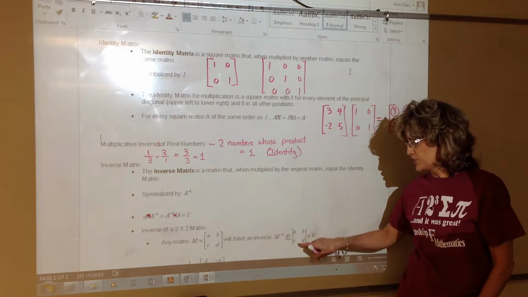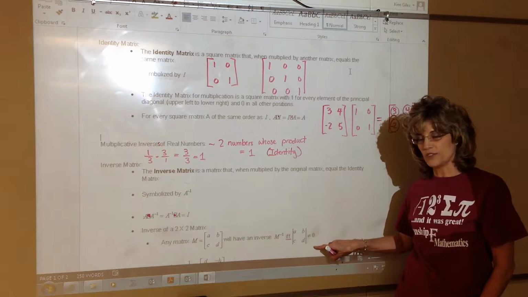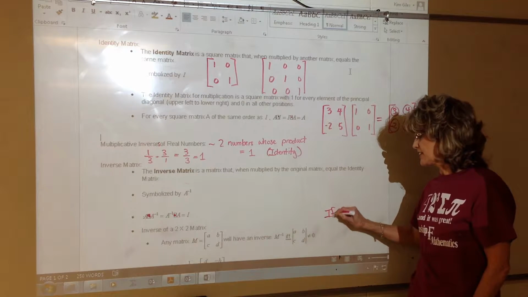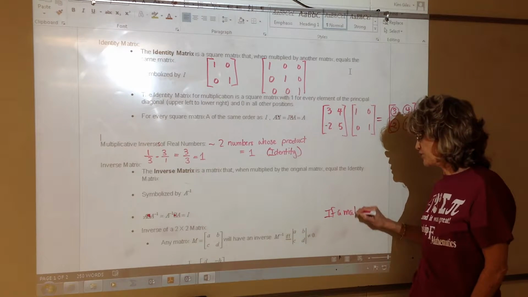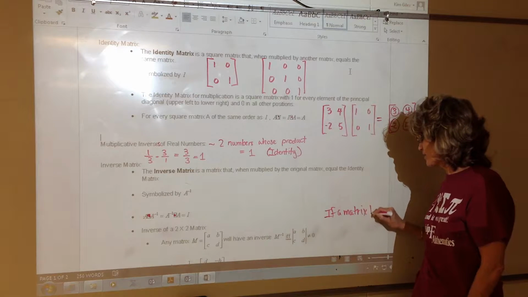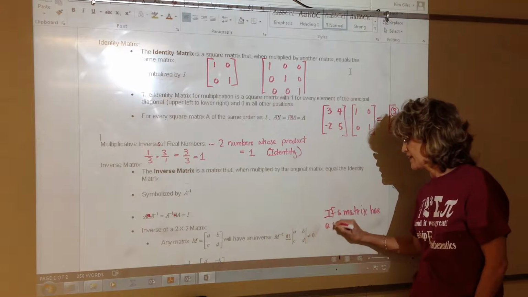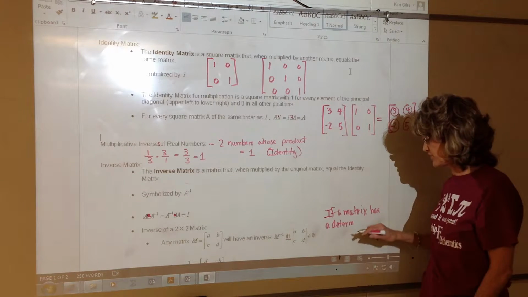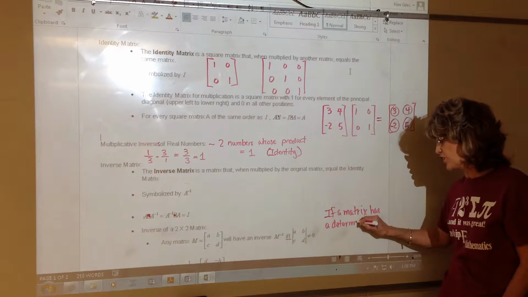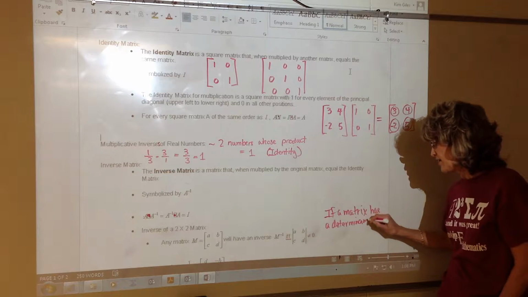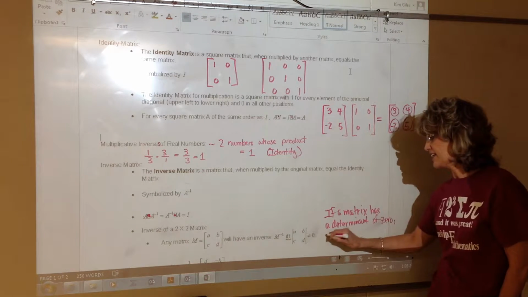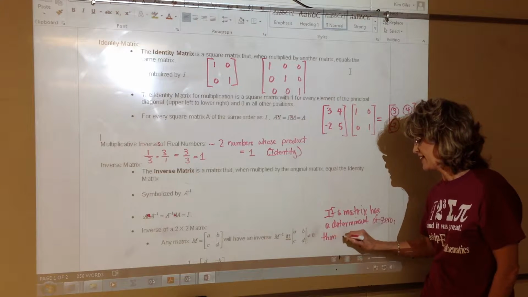So if the determinant is not 0, write yourself this note. If a matrix has a determinant of 0, then it does not have an inverse.